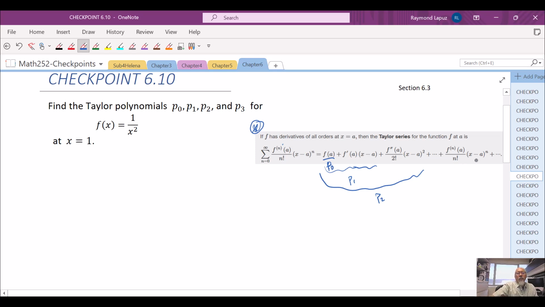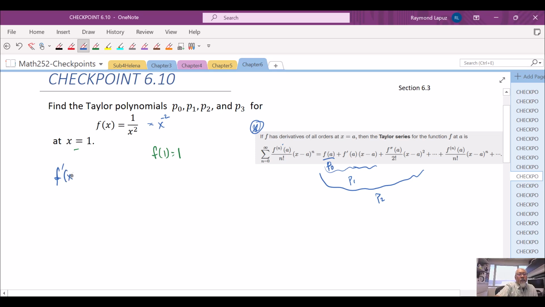In any case, we want to figure out what happens at certain points, so we are interested in figuring out what f of 1 is, because that is our center point. When we put 1 in there, this is just going to be 1. Now we need to take some derivatives. For f prime, I would like to write this as x to the negative 2 power, so that will make taking derivatives a little bit easier.